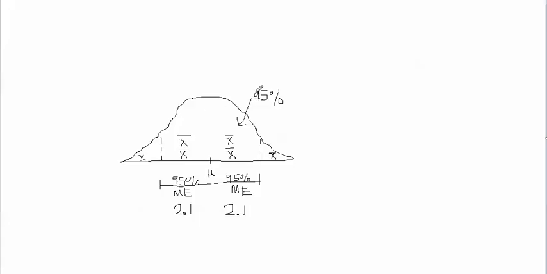As a researcher, that would be something I would like to know, because since 95% of the possible samples are in here, I have a pretty good chance of getting a sample mean that's within 2.1 of the population mean.